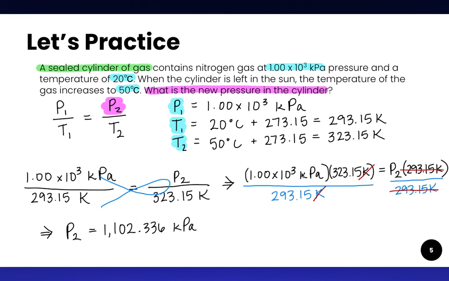Looking at the beginning, it looks like I can only have two significant figures because of our temperature measurements. So 1, 2, 0 will not affect the answer, and our final answer is P2 equals 1.1 times 10 to the third power kilopascals.